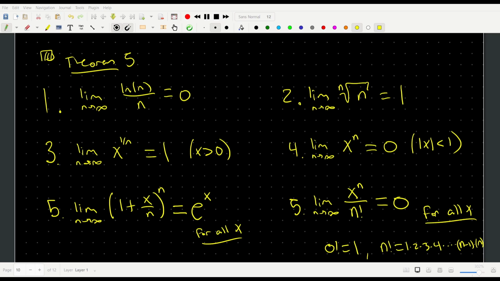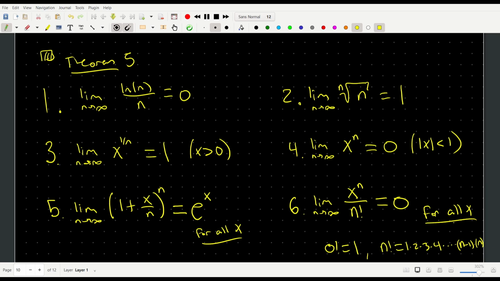And the final one, number 6, the limit as n goes to infinity of x to the n over n factorial is equal to 0 for any value of x.